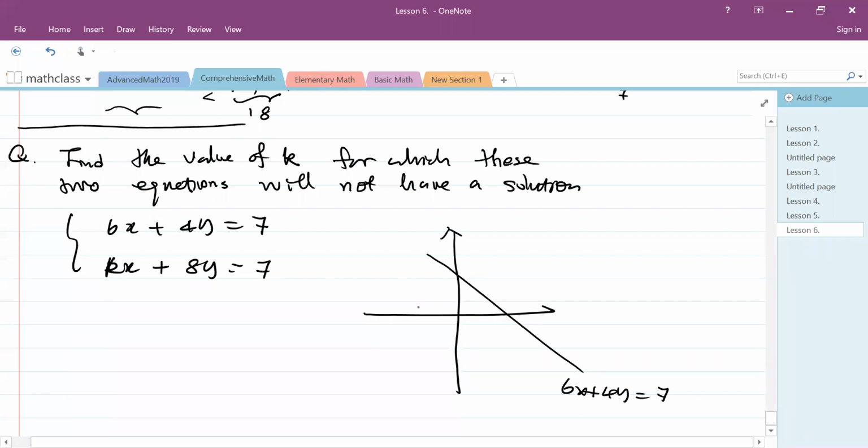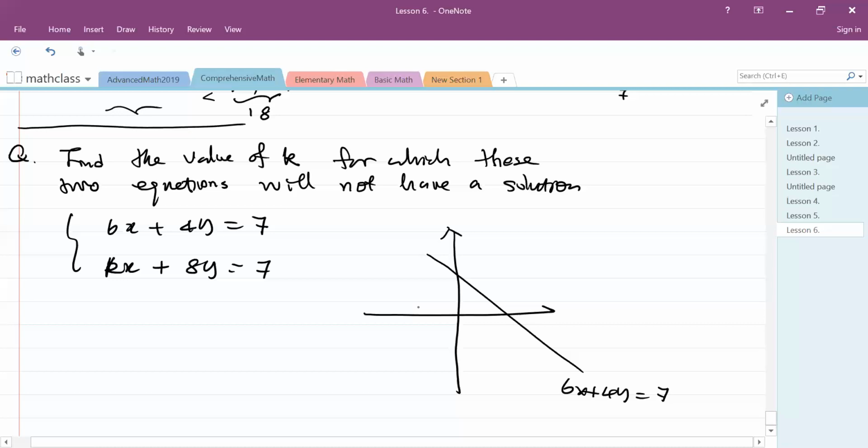But the key point is two lines. When we say two equations have a common solution, it means the two lines intersect somewhere. Two linear equations correspond to two lines. If they're not parallel, they intersect each other.